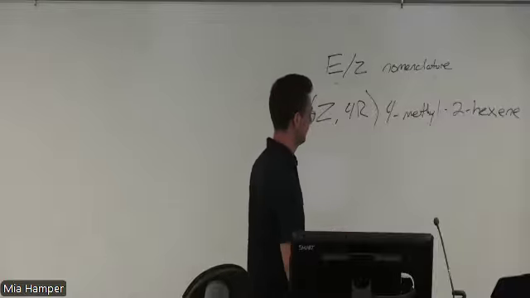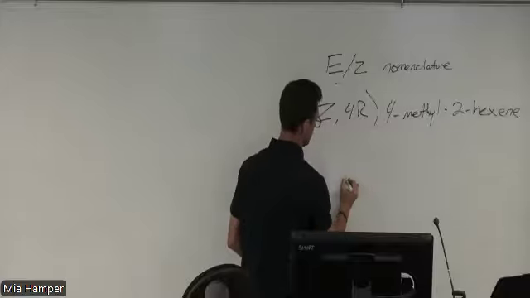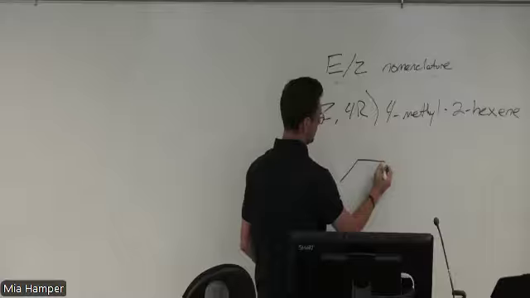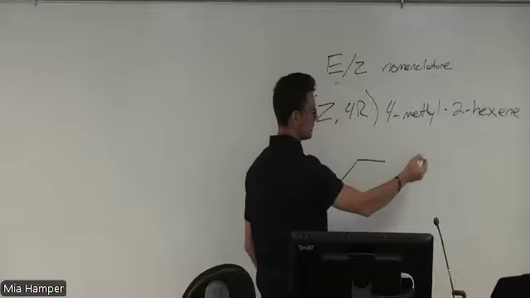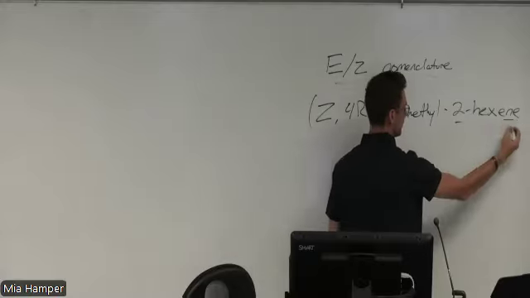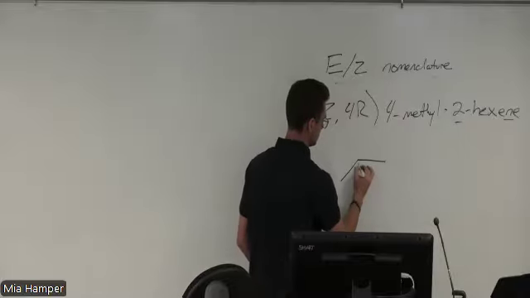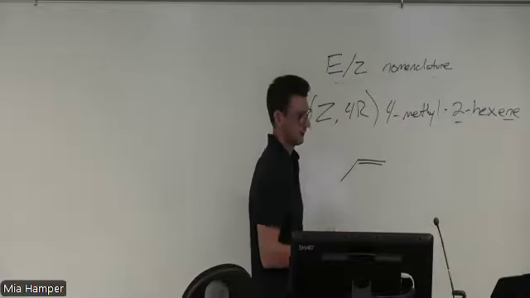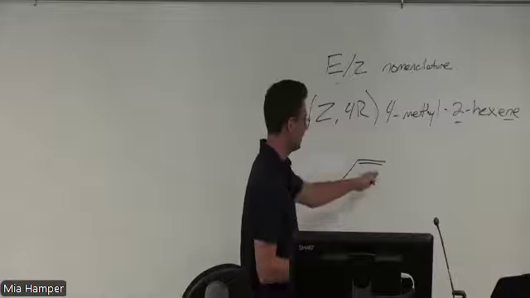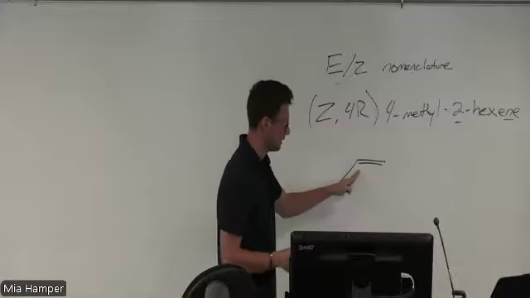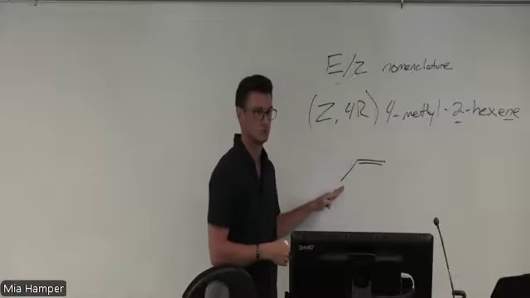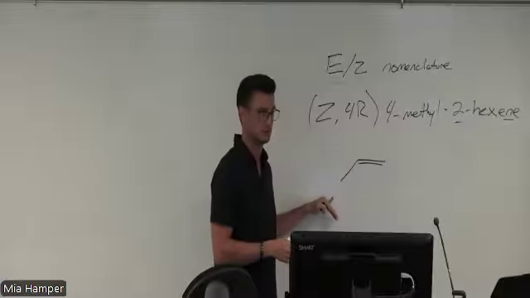So let's begin drawing. Okay, we need 6 carbons. All right, so here's 1, 2. There's going to be a double bond on our second carbon, indicated by our prefix. And we need the thing on the other side of this. So you see this methyl is coming downwards towards the bottom half of the double bond.